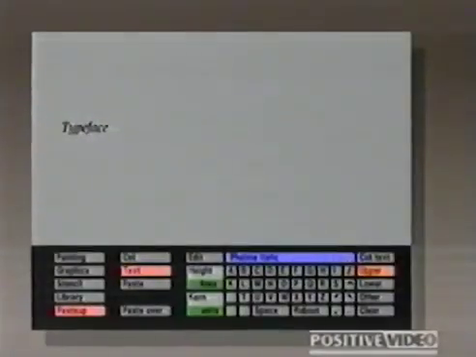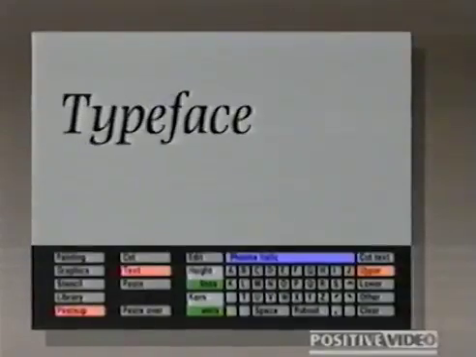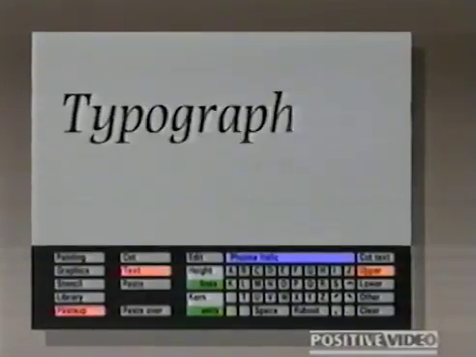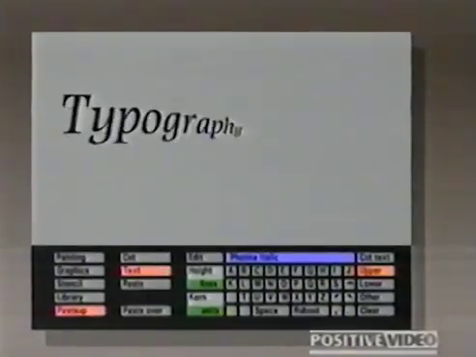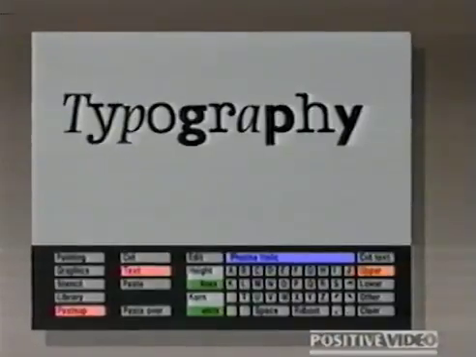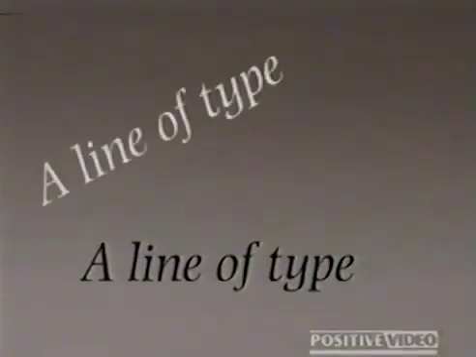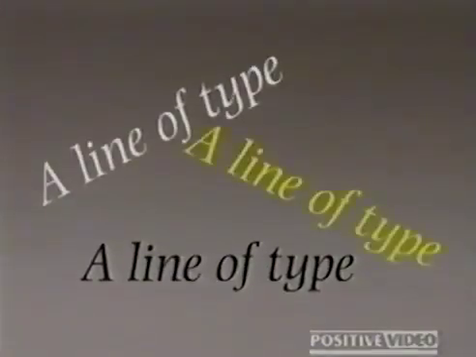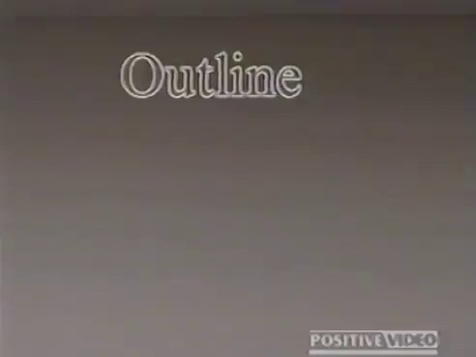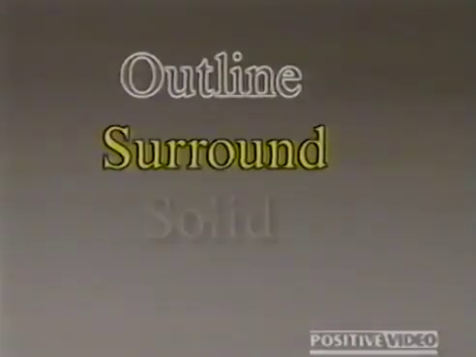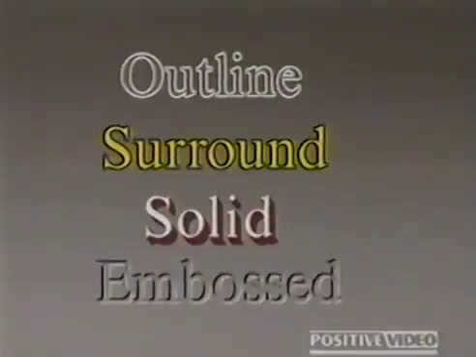Each Paintbox typeface can be easily adjusted to any size from 16 through 72 scan lines. A variety of settings allow for total typographic control. Once a line of type has been set, it is cut out and can be placed in any position with a wide variety of effects, such as outline, surround, solid, an embossed look, or a true drop shadow.